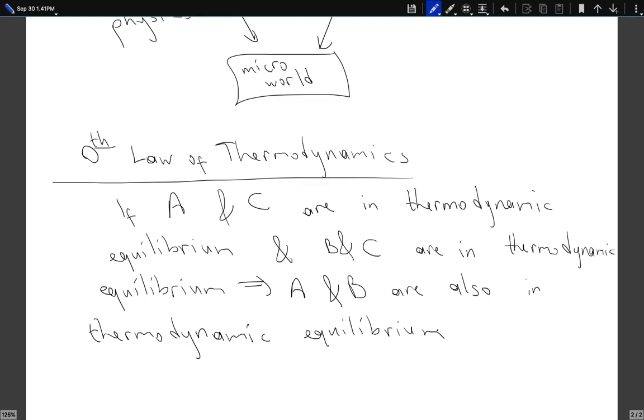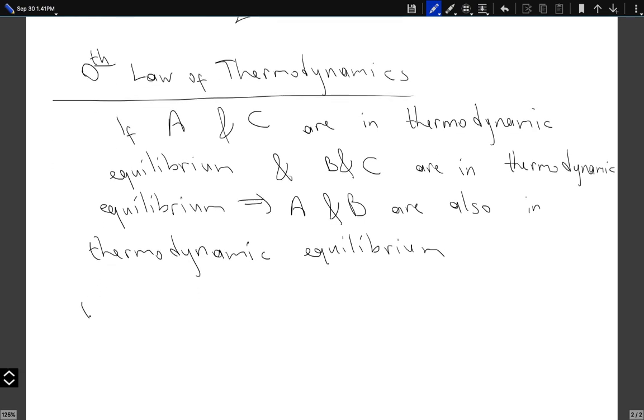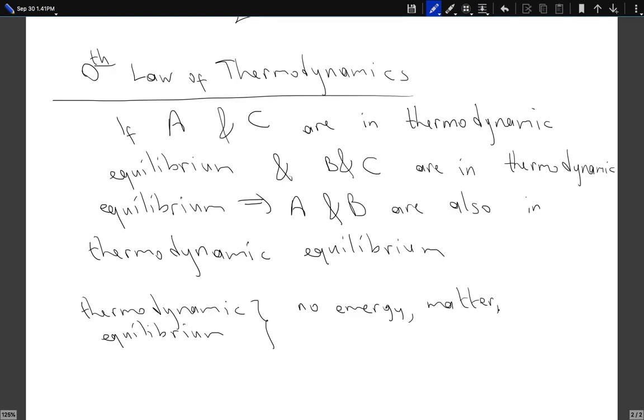Well, first of all, what is thermodynamic equilibrium? It is basically a state of the system in which no energy or matter flows within the system.